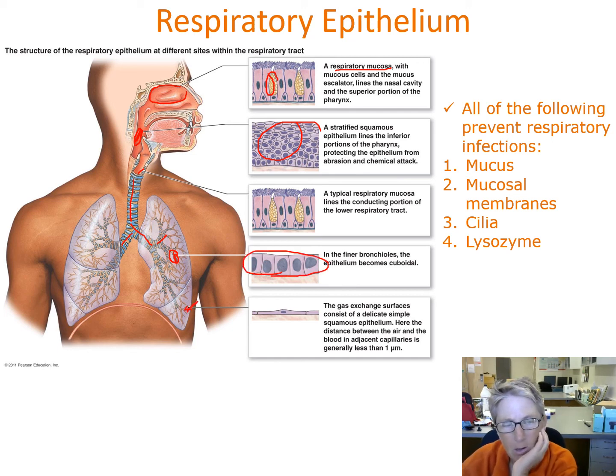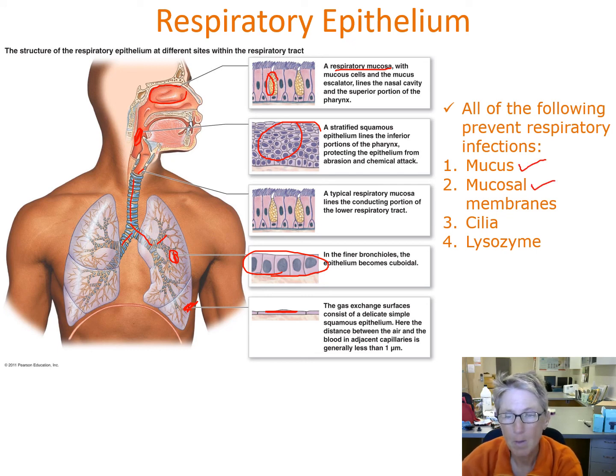And then you get out here to the farthest branches of the tracheal tree, and you have these really thin cells for gas exchange. So all of the following structures in this system, in the respiratory system, help to prevent respiratory infections. So the mucus, remember that traps microbes.